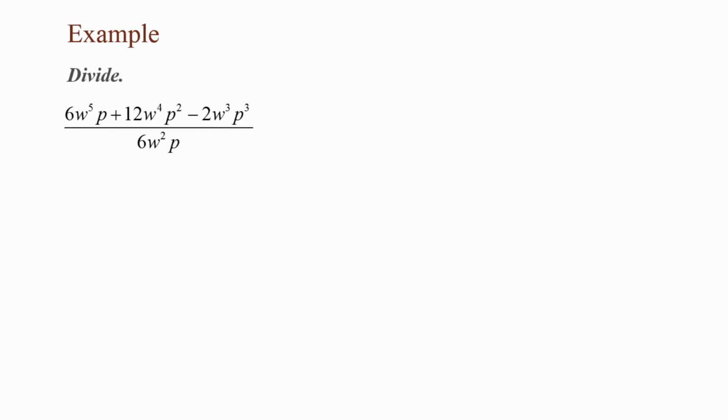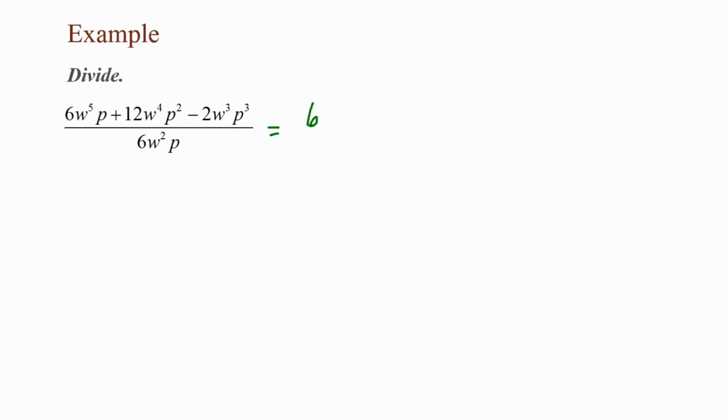In this example, divide 6w to the fifth p plus 12w to the fourth p squared minus 2w to the third p to the third, all divided by 6w squared p. Since my numerator is a trinomial, I'm going to have three fractions.